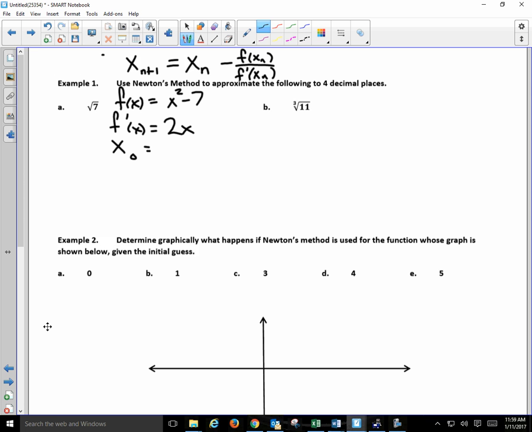What would you like to guess for square root of 7? Okay. It actually doesn't matter. You're gonna eventually get there anyway. So you want to do 2.5, that's fine. It'll take a while, but eventually you'll get to where you want to be.